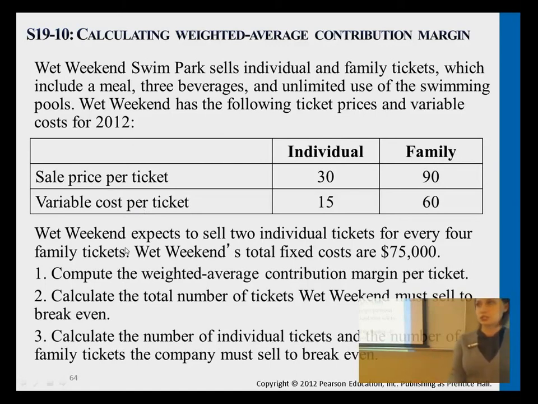You have three things to do. Compute the weighted average contribution margin per ticket, calculate the total number of tickets that they must sell to break even, and calculate the number of individual tickets and the number of family tickets the company must sell to break even. Okay? So do that, and I want to see how you're doing.